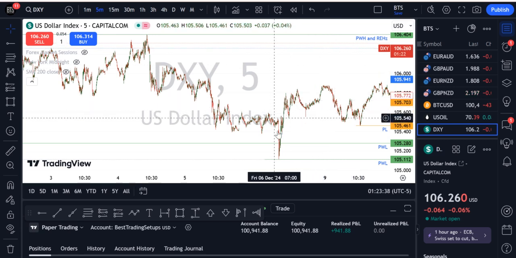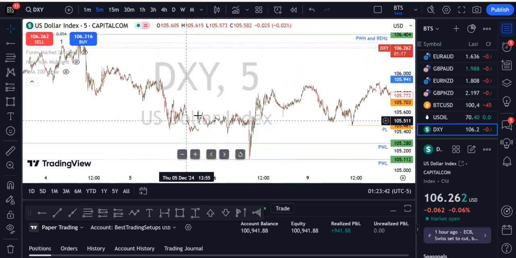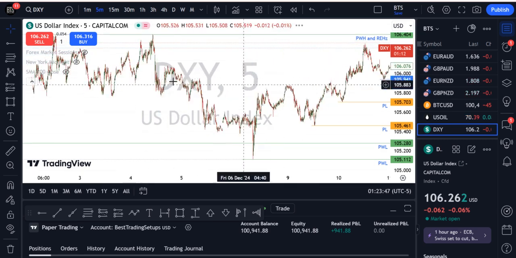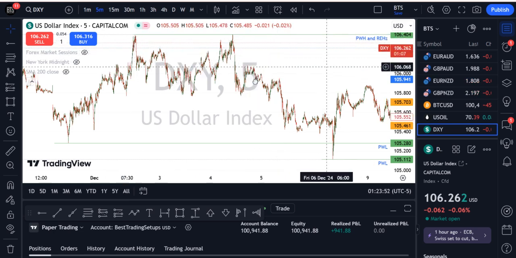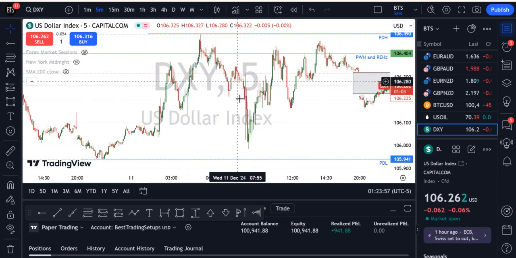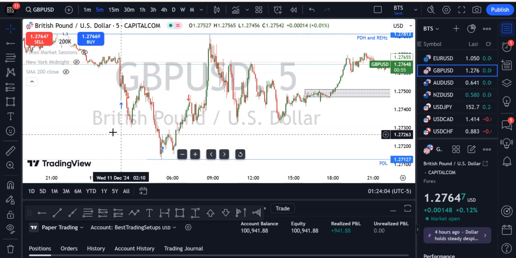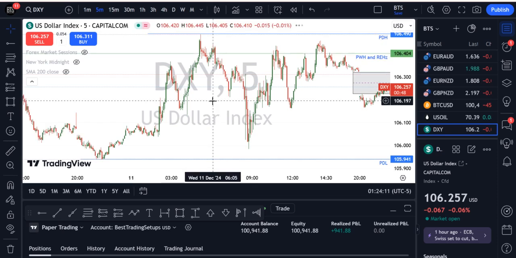Something like this: external range liquidity, internal range imbalance, then we went all the way for an external range liquidity, which were this previous week high and relative equal highs. As you can see, price has swept that high and we've traded lower. Right around then was when GBP USD was also sweeping its own previous day low. So with a lot of confluence, you can get some good setup with DXY.